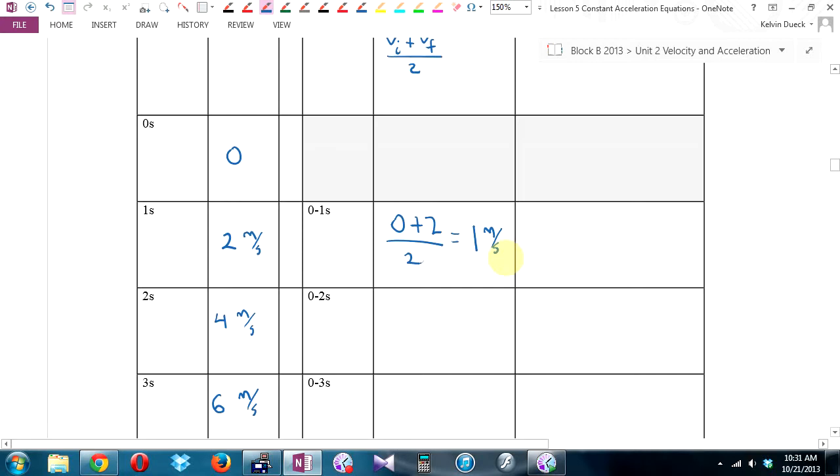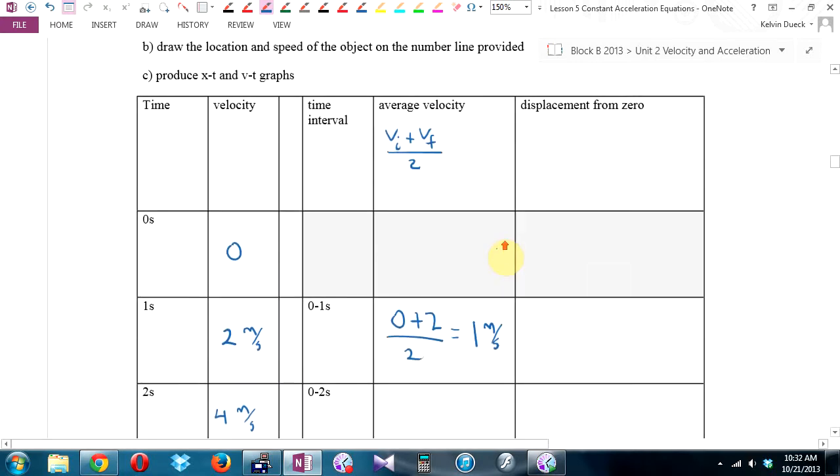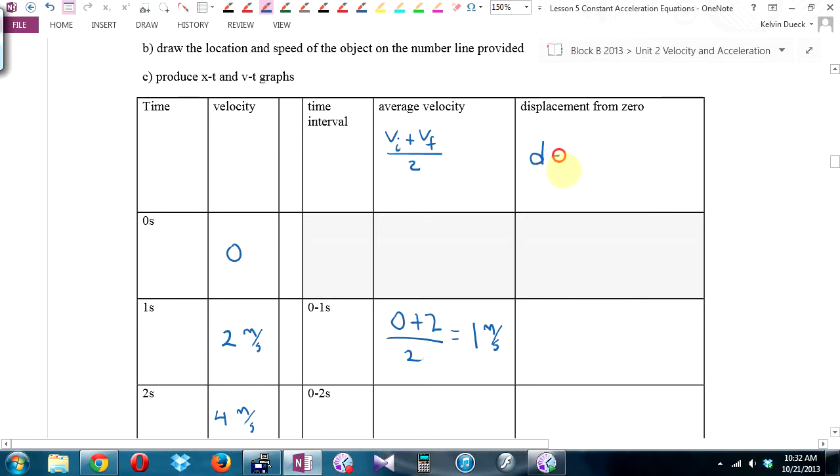How far did I travel in that time? Well, displacement is that? What's my average velocity in this row right here? How much time has elapsed?